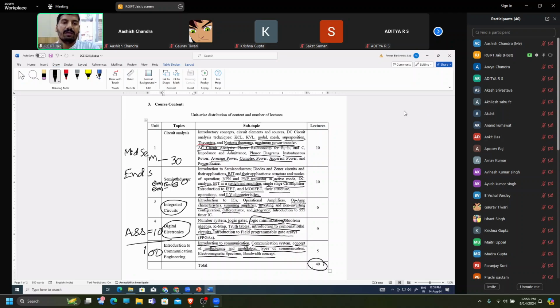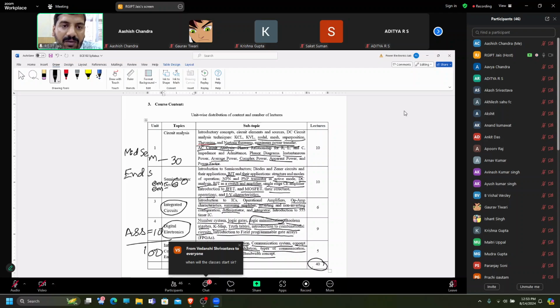The theory is a separate 100 marks. The theory course, Fundamentals of Electronics Engineering, has subject code ECE102, and the lab has subject code ECE102L.